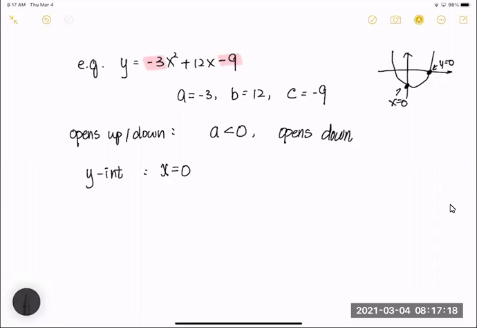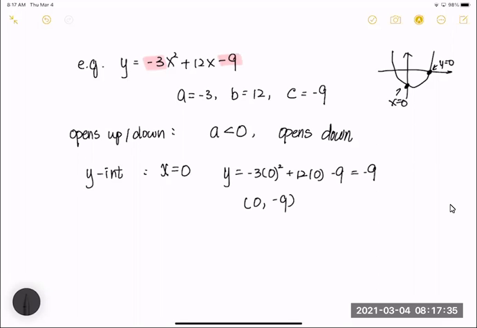So we have x equals 0. So y equals negative 3 times 0 squared plus 12 times 0 minus 9, which equals negative 9. So the y-intercept is 0, negative 9.